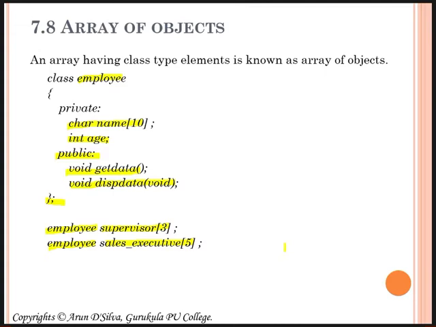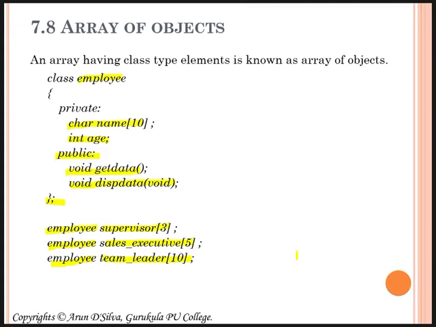That means the sales executive object can store 5 different people's information, or 5 different objects. In a similar way I have used employee as the class name, team leader is an object of 10. So this will be able to store 10 different values.